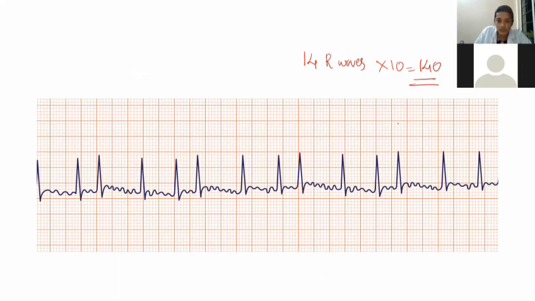This is the method mainly employed for irregular rhythm.